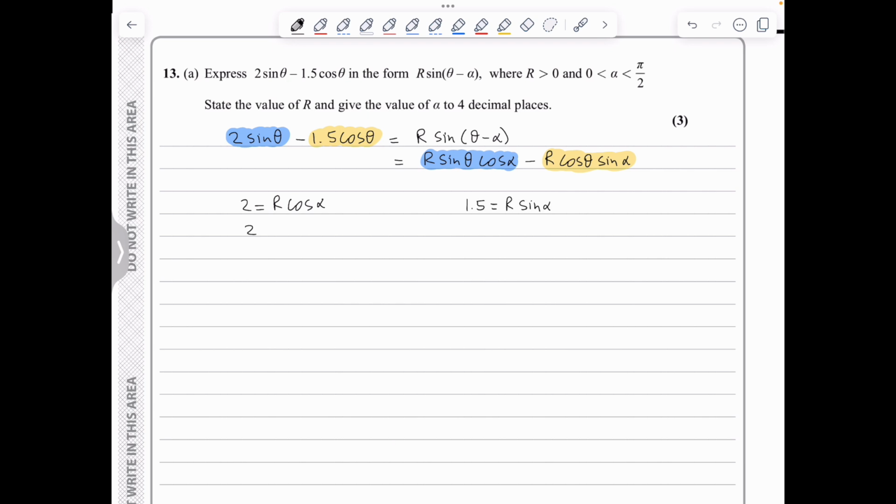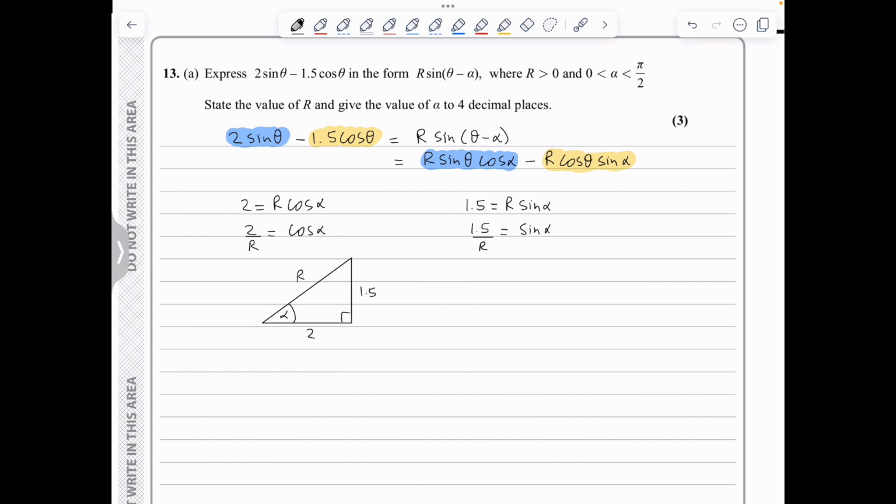This means I can write 2 over r to be cos alpha, and 1.5 over r to be sine alpha. And I can proceed by drawing a right angle triangle. So there it is. This is alpha. So the cosine is adjacent over hypotenuse, and the sine is opposite over hypotenuse.